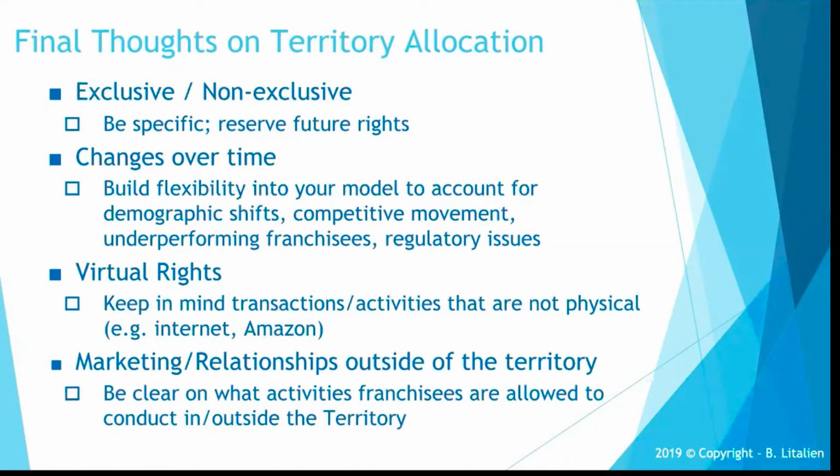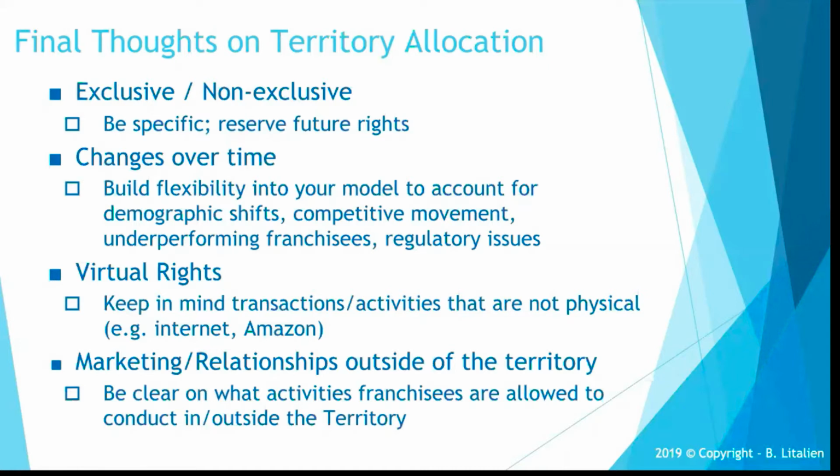When you think about when the internet came on board, it revolutionized retail, because now we're not only working with our physical location, but now we have to deal with people wanting to order from us and have it shipped. And thinking about the more recent virtual change is Amazon.